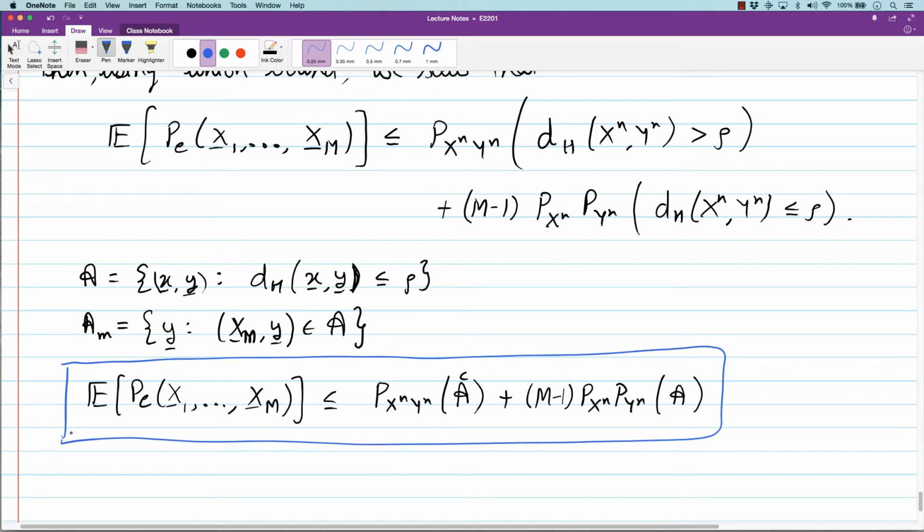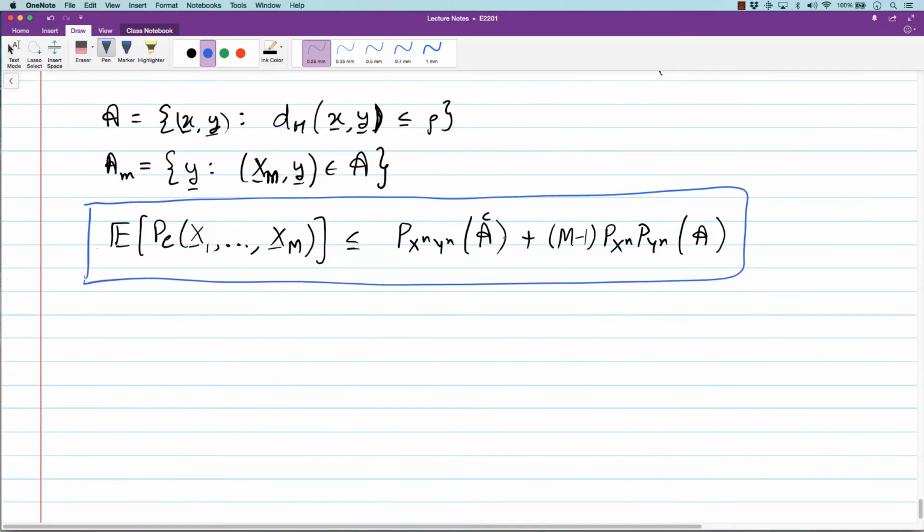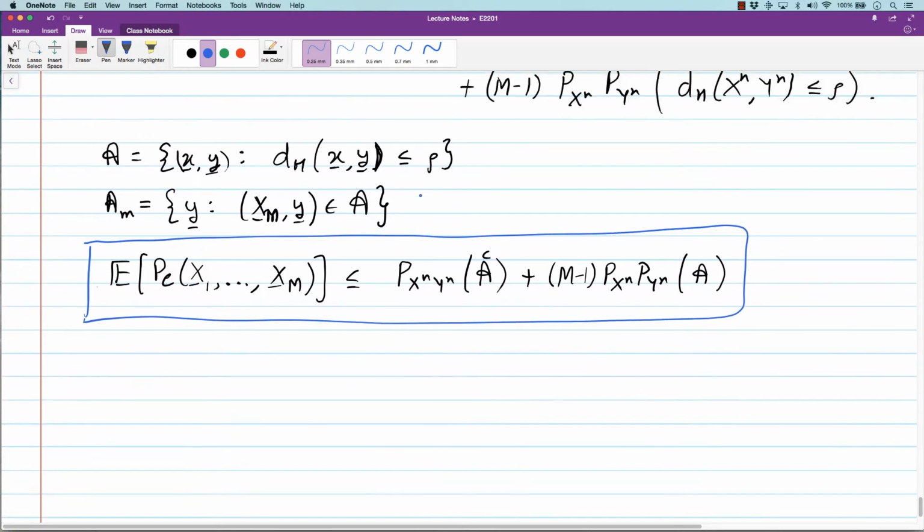We will formalize this part soon below. Roughly it was generic, and it can be expressed in terms of this set A, and then you can define Am using the random codebook. It's the set of those y for which xm comma y belong to A.